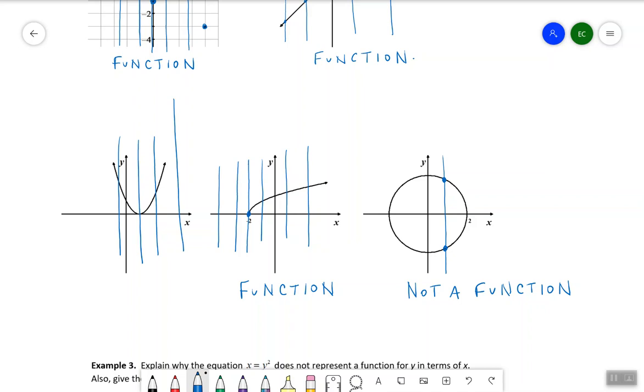And of course, we could also draw the vertical line out to the right, and it hits exactly once. I think I mentioned this just a moment ago, the arrow says that the graph continues forever in that direction. So we can imagine the graph going on and hitting the vertical line once. So this is also a function.